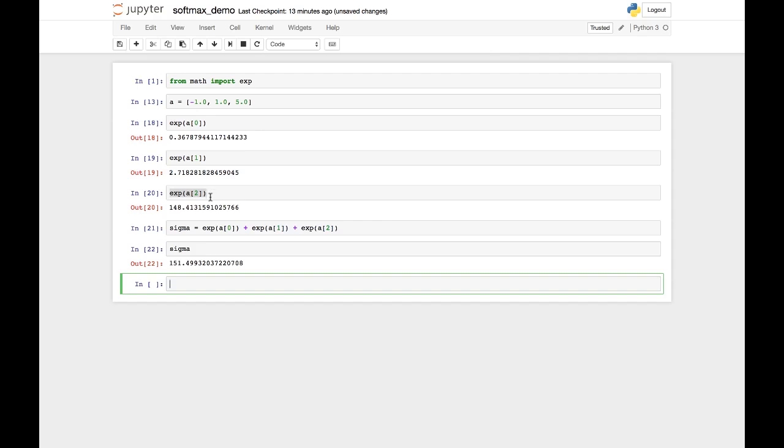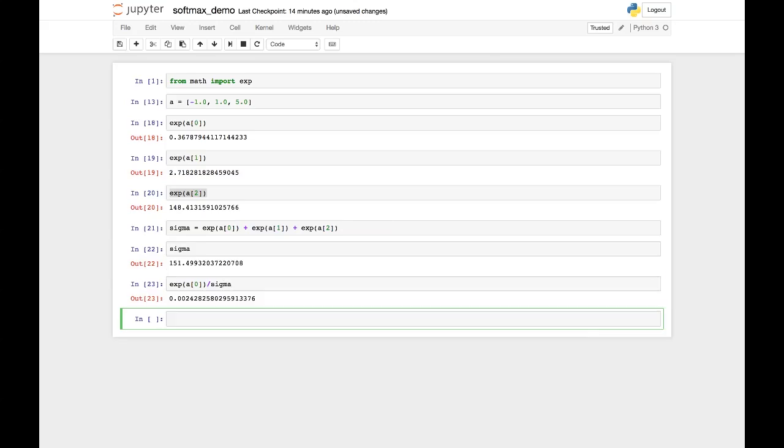The network is saying, I'm guessing for class 0 that this value, 0.36, or exponent of its guess of class 0 divided by sigma, it's a very small chance. So it's saying, oh, well, there's a less than 1% chance that class 0 is the correct output.